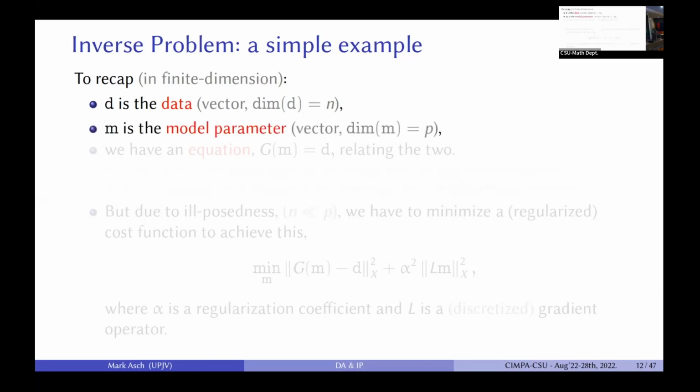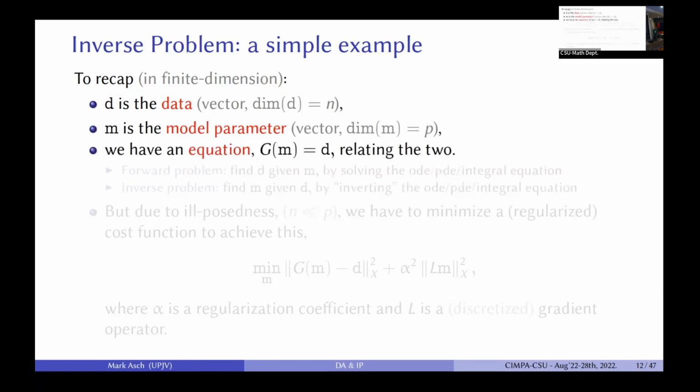So we have a data vector which has some dimension, n, and we have the model parameters, which have another dimension, often p, the dimension of the parameter space. We have an equation that relates m to d: g of m equals d.